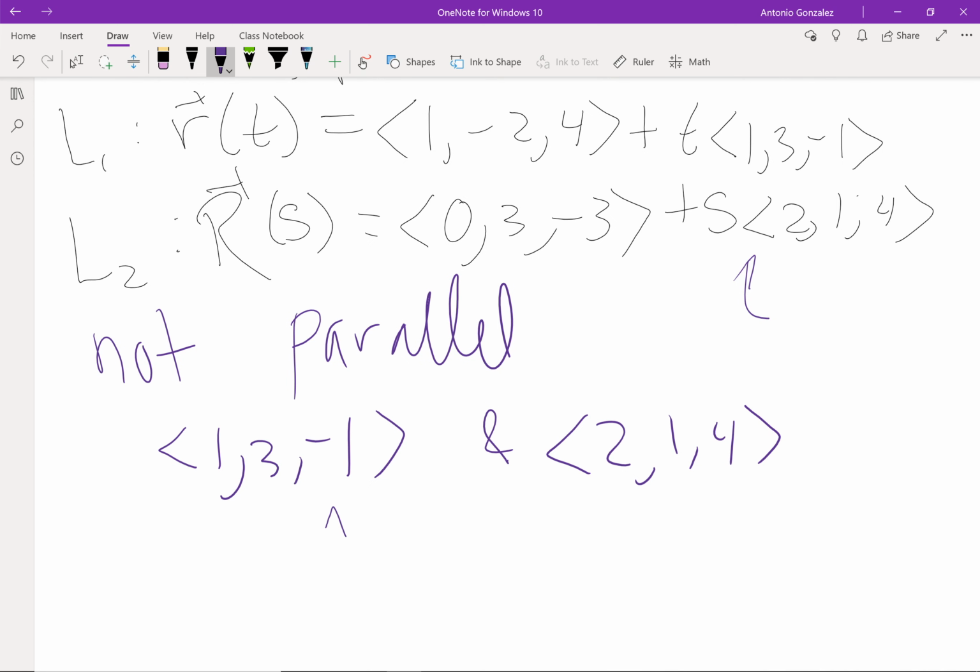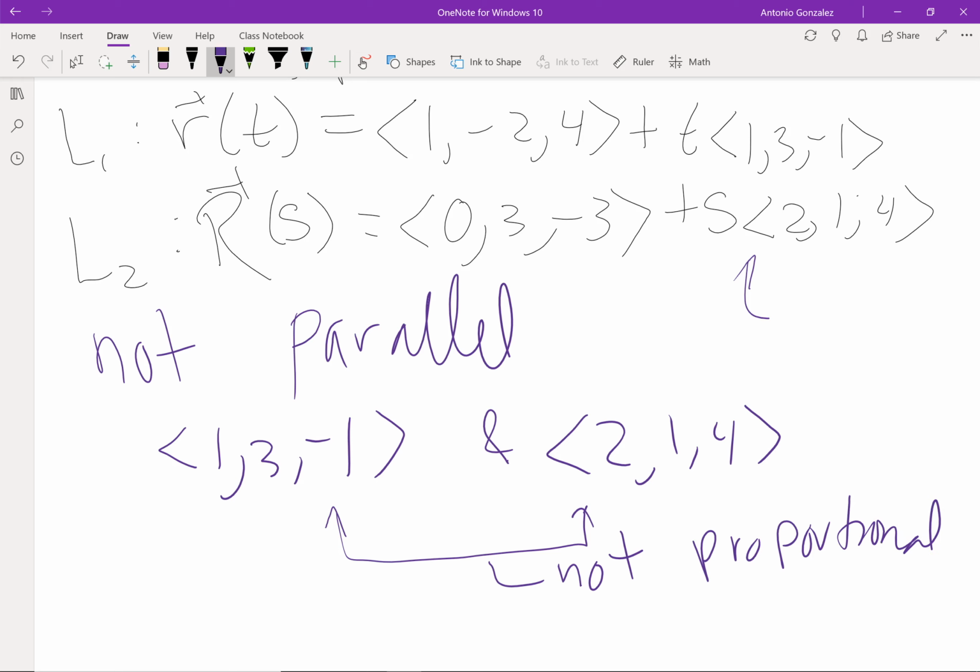And they're not proportional to each other, so they are not parallel lines.